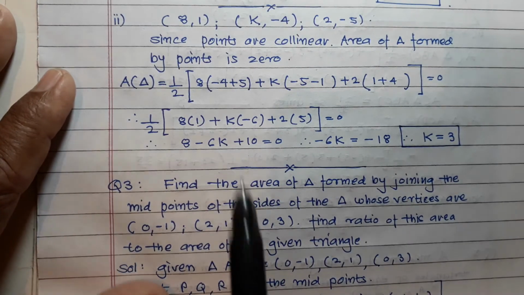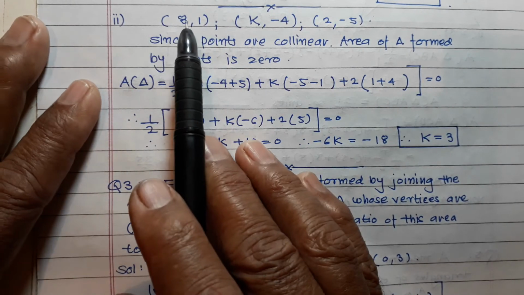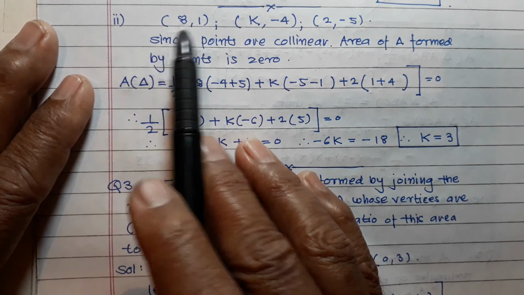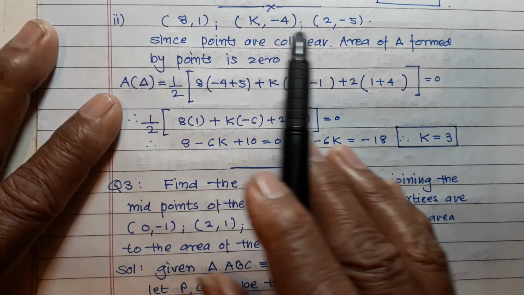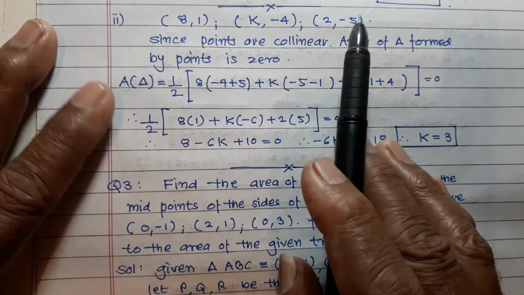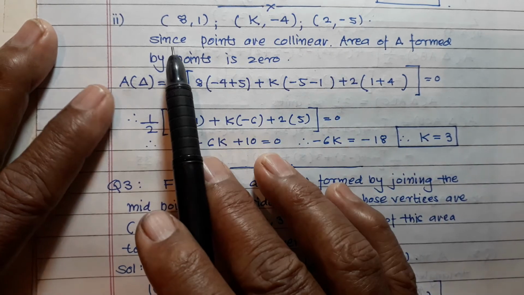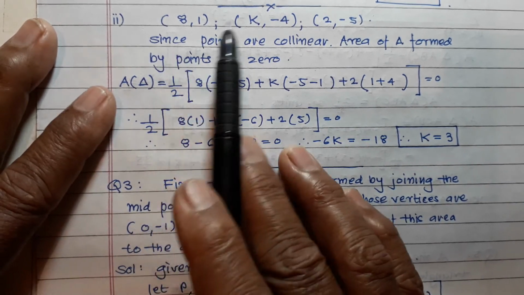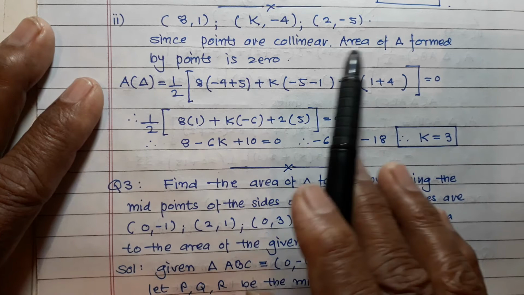Okay. Question number 2. 8, 1, k, minus 4, 2, minus 5 are the vertices of a triangle. Okay. Again these points are collinear.